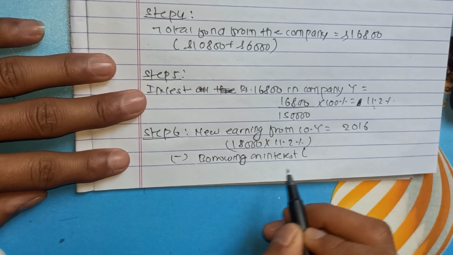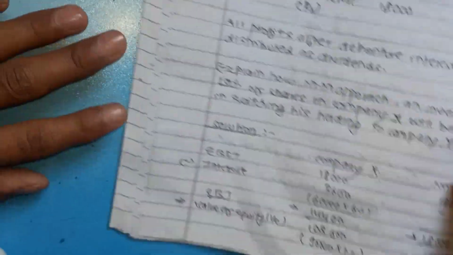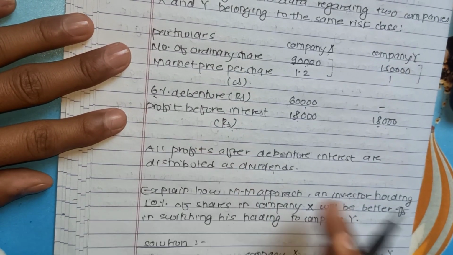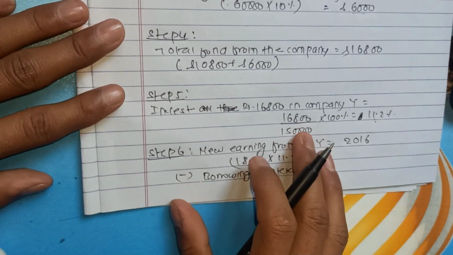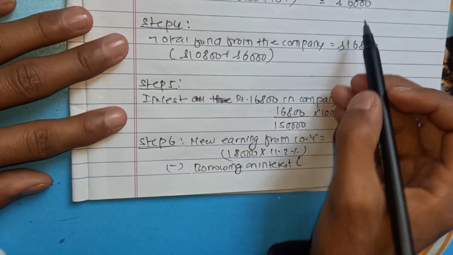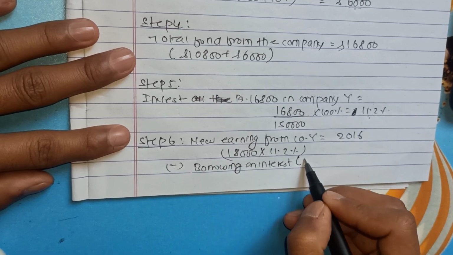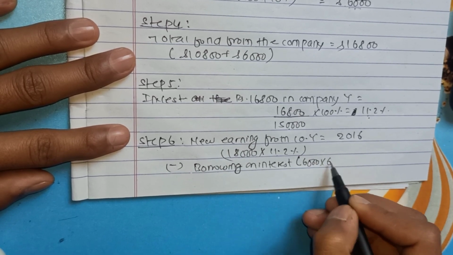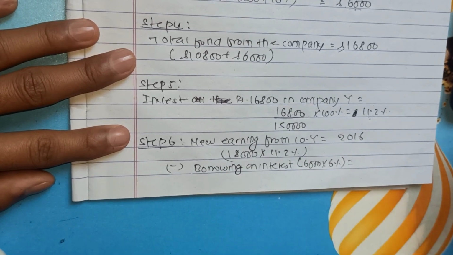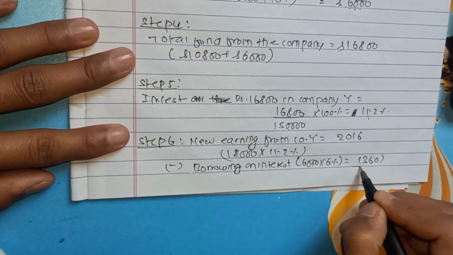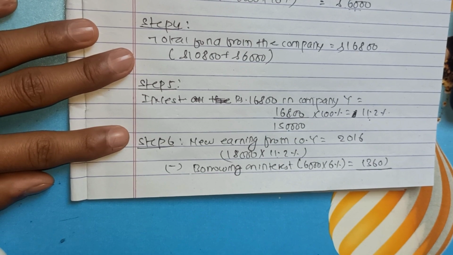How much is the interest? We have a 6% interest rate. 6% on how much we had taken, 6,000, that is 6,000 into 6% interest rate, that is 360. We have to deduct the interest.